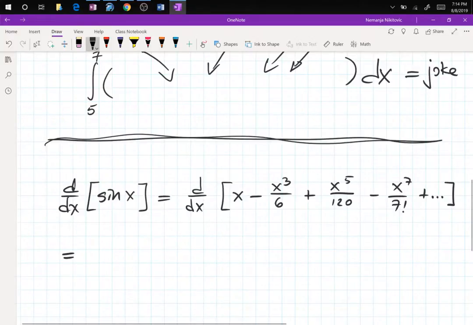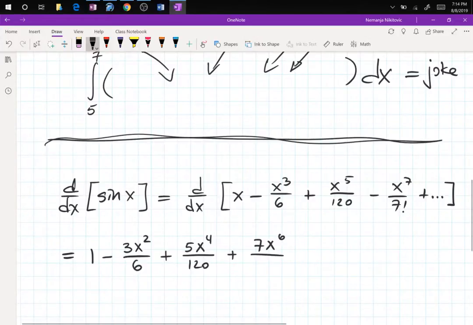And we are differentiating a polynomial. Derivative of x is 1, minus derivative of x cubed is 3x squared divided by 6. We have to cancel that. Plus 5x to the 4 divided by 120, have to cancel. Minus 7x to the 6 divided by 7 factorial. Oh, that's a minus there, sorry, minus. And then plus dot dot dot going on forever.